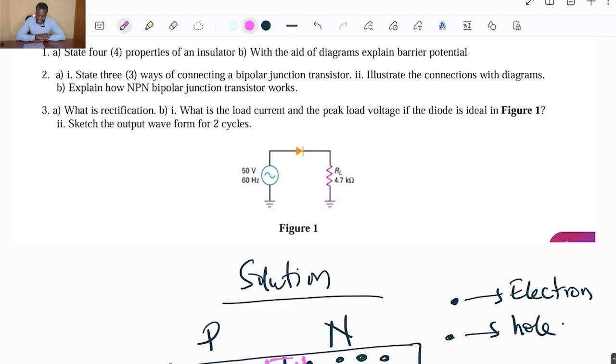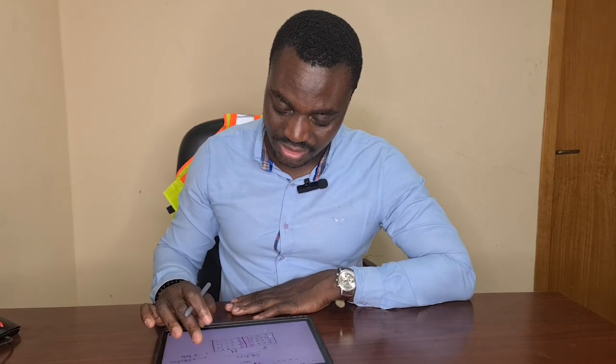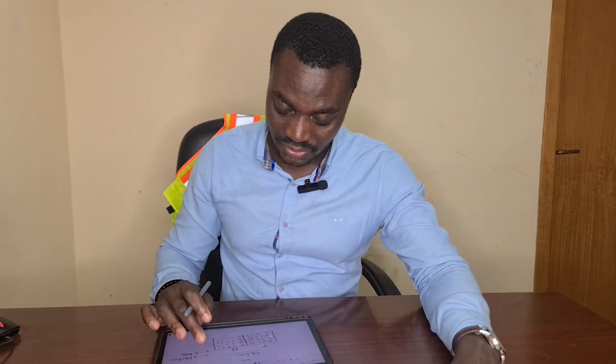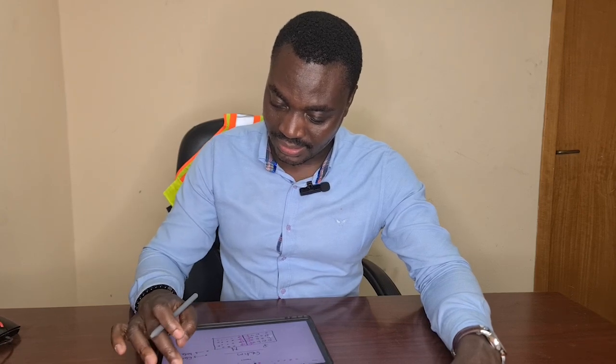So that's what we mean by rectification. Now, what is the load current and the peak load voltage if the diode is ideal? This question is similar to that of RP162 group A. So let me try to calculate this.